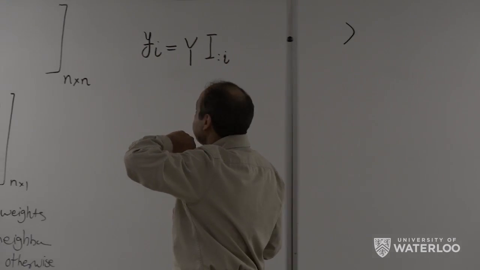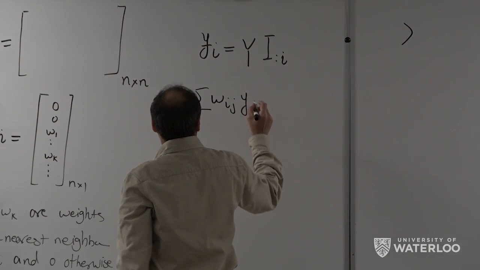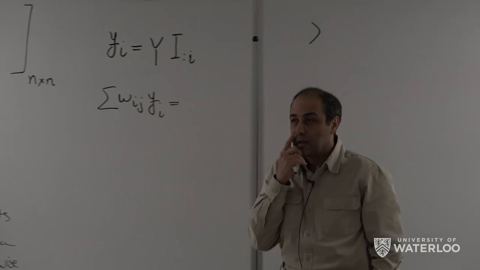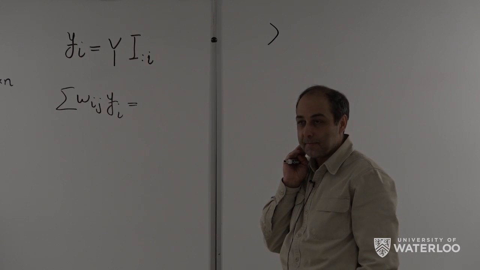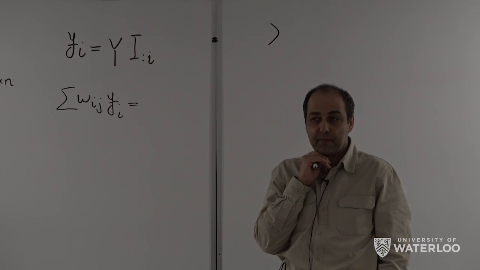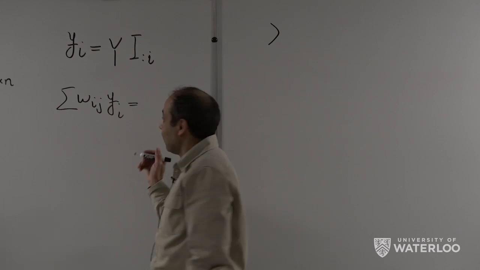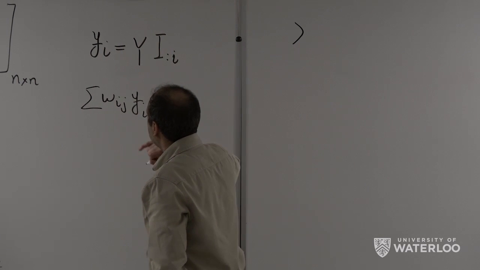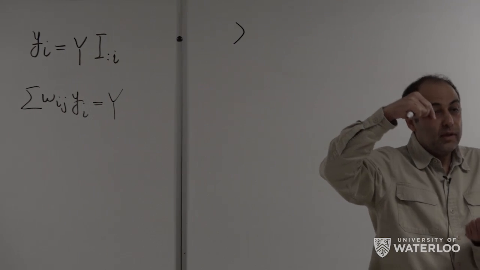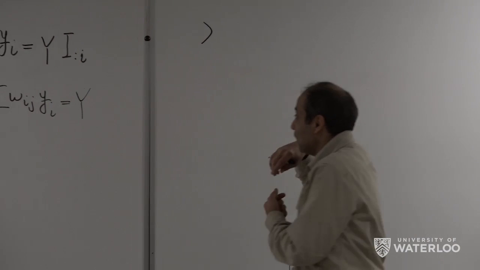So what about sigma wij yj? How can I write this using these notations? I have Y, and I have to add up only k of them and use some coefficients that I have for point i.